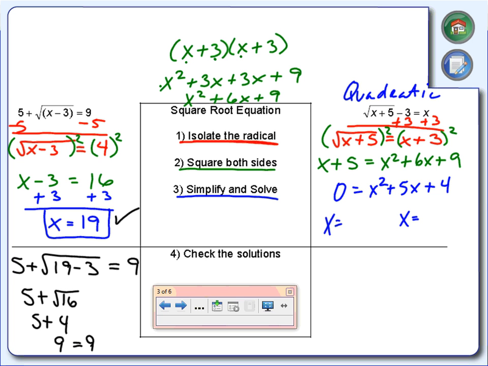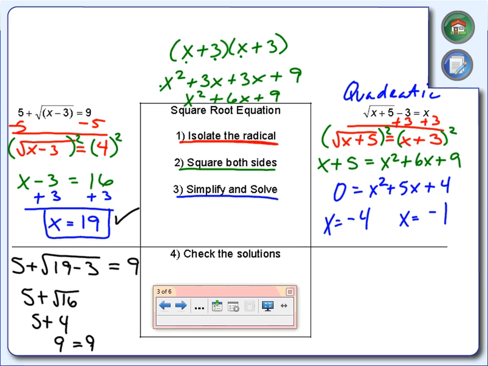I think we do have 2 x-intercepts that work out nicely. And what are those 2 x-intercepts? -4 and -1. So I'll agree, -4 and -1 are our solutions. For this particular equation, we have 2 solutions, -4 and -1.